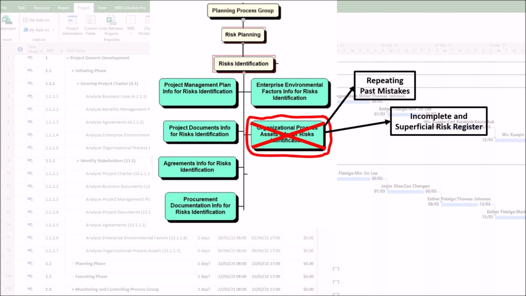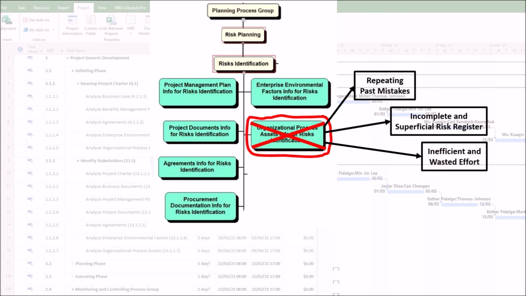For example, the organization's standardized risk breakdown structure includes a category for regulatory risks. A poor analysis skips this, and the team fails to identify a new compliance law coming into effect mid-project, resulting in costly rework and potential fines.